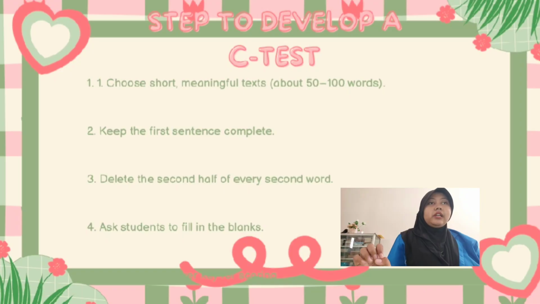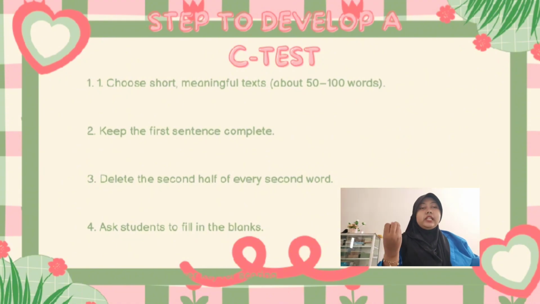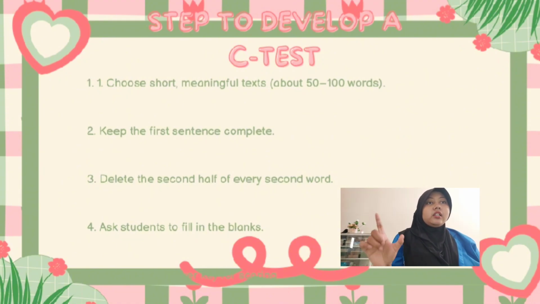This slide explains how to create a C-test step by step. The text used should be short and meaningful, ideally between 50 and 100 words. The first sentence remains complete so students can understand the context of the passage. Starting from the second sentence, the second half of every second word is deleted.